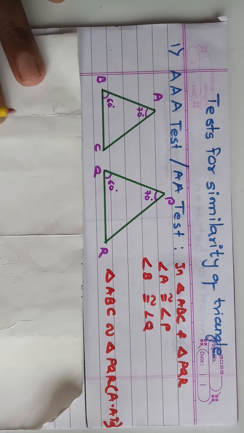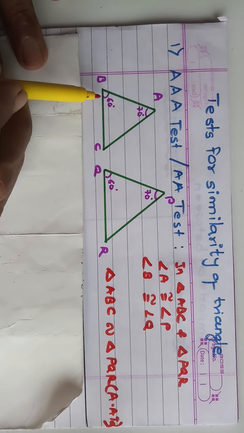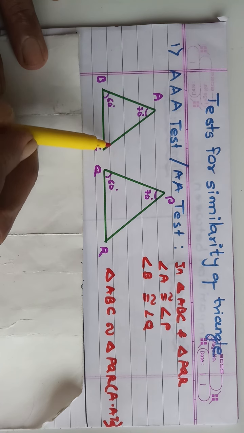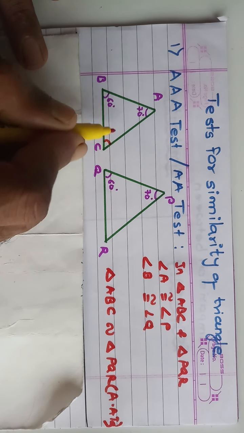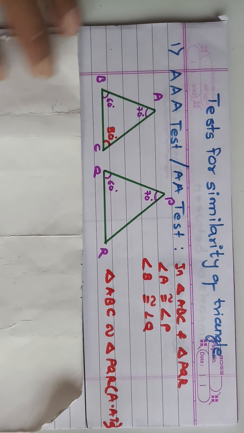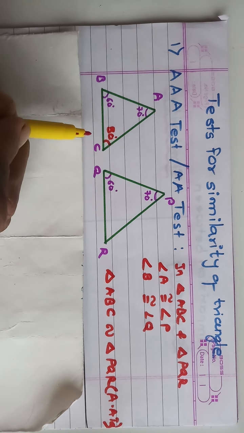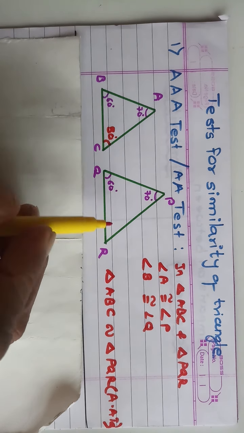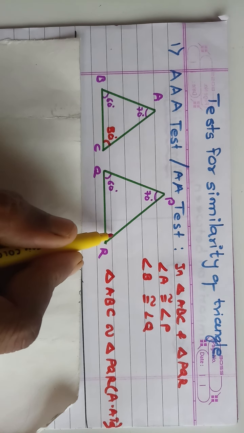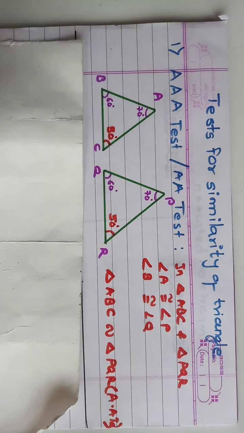Why? Let's see. Here, if the measure of angle A is 70, B is 60, then what will be the measure of angle C? It will be 50. Sum of all angles is equal to 180. 70 plus 60 is 130, and 50 will be the measure of angle C. Similarly, here also the measure of angle R is 50.